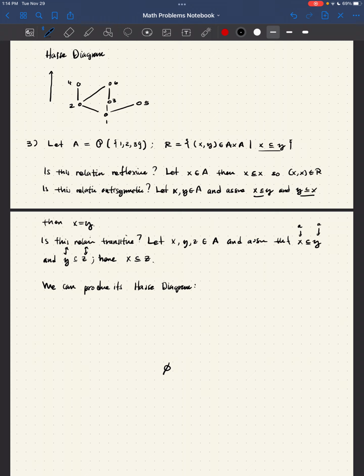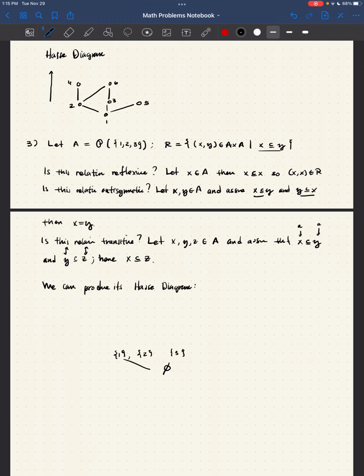Well, on the next level, I should find all those elements that we would call the immediate successors of the ones at this level. Well, the immediate successors in this relation correspond to 1, to 2, and to 3.